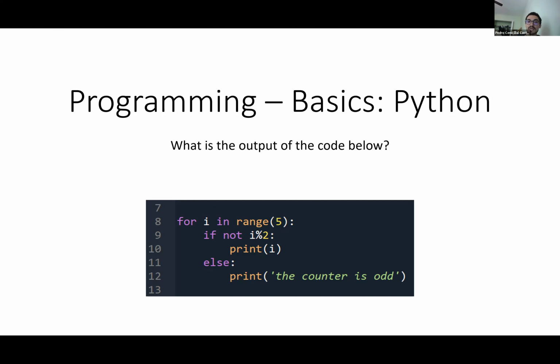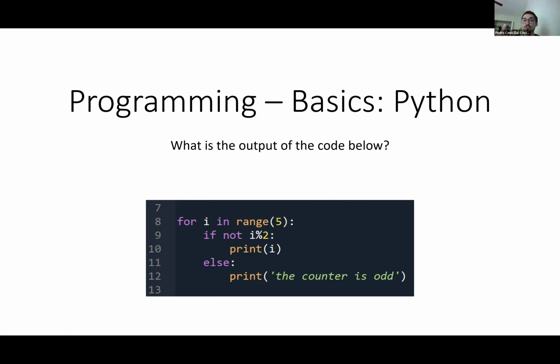All right? The operation not converts everything that is 0 to 1. And 0 means false, while 1 means true. So if your number is even, the remainder is 0, but the not converts it to 1.